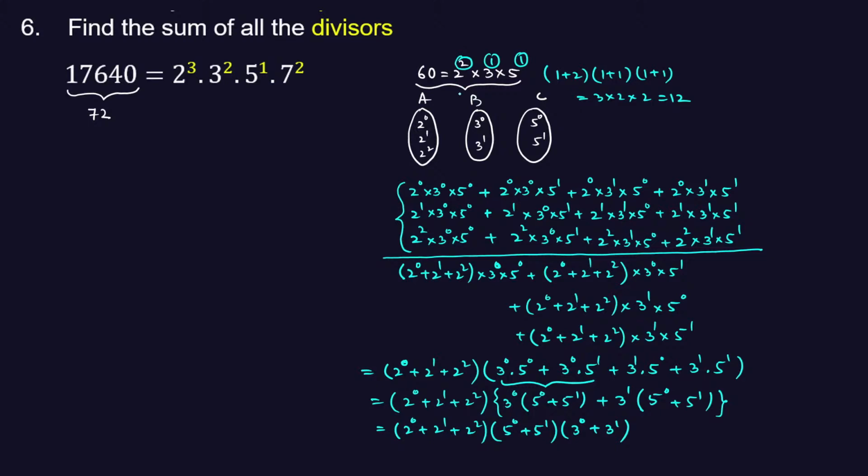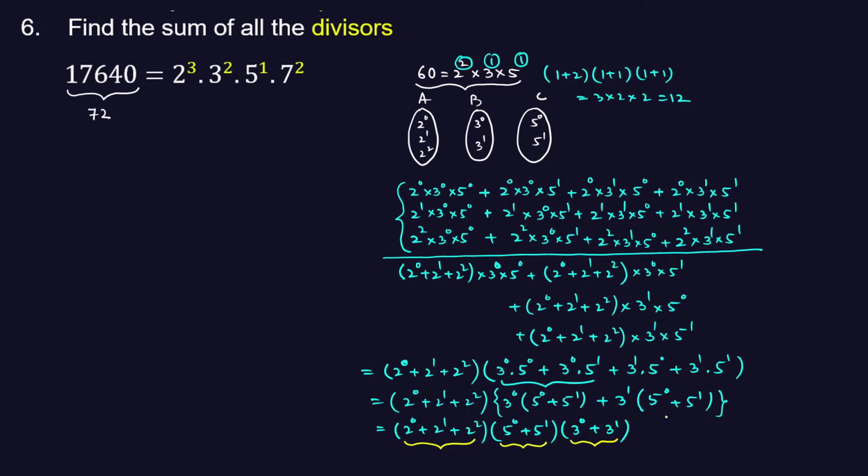then the sum of all the divisors will become, since there is 2 square, how we got it? We got 2 to the power 0 plus 2 to the power 1 plus 2 square. Now 3 to the power 1 is there. How we got? We got 3 to the power 0 plus 3 to the power 1. Then again 5 to the power 1 is there. So we got 5 to the power 0 plus 5 to the power 1.